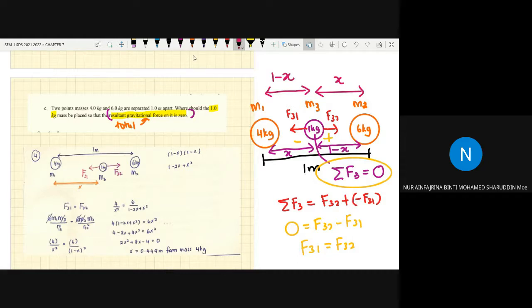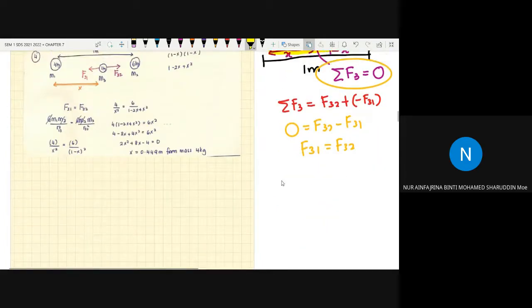Tetapi Miss pilih yang ini. Miss kata distance dari 4 kg ke 1 kg adalah X, dan distance daripada 6 kg ke 1 kg adalah 1 minus X. Dan kita tahu formula gravitational force adalah G m m over R squared.